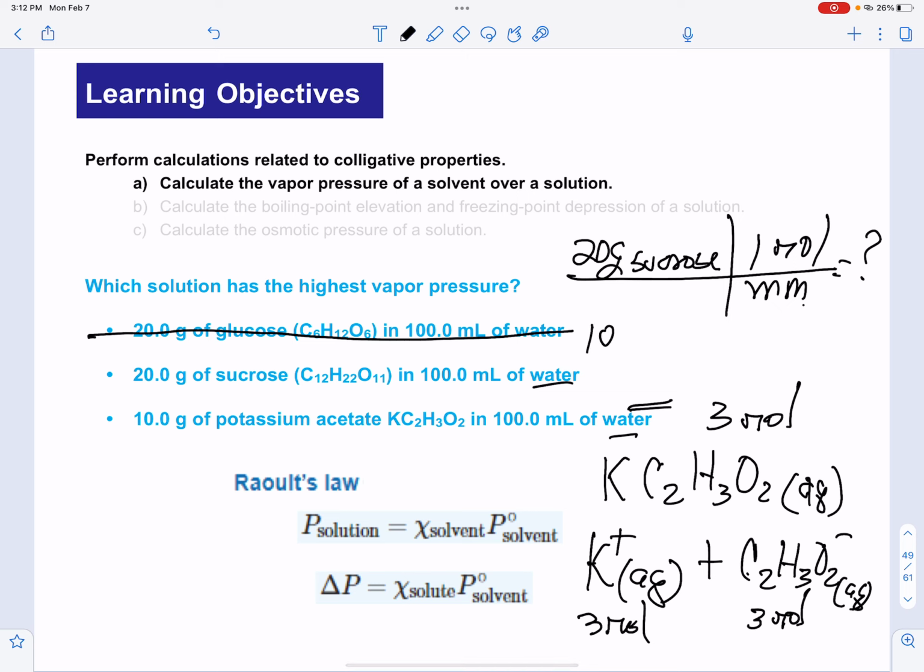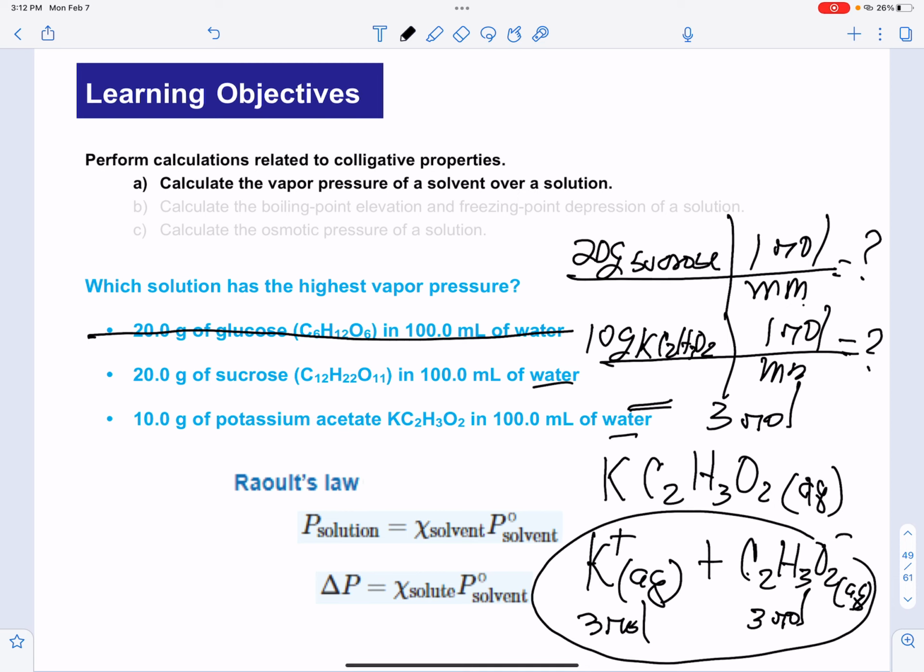You're going to take the 10 grams of potassium acetate divided by the molar mass of potassium acetate, and you're going to get a number, right? But this is going to dissolve, so you're going to multiply by 2 to provide the total number of moles of the solute. The one that gives you the smaller number is going to be the one that gives the highest vapor pressure.